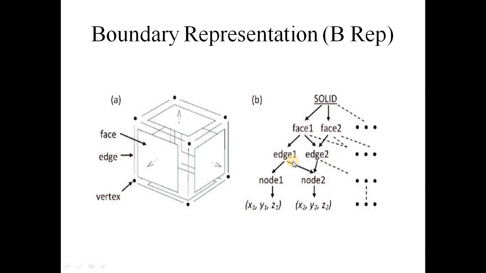Now how many vertices are there? 4 on this side, 4 on this side, so a total of 8 vertices. This is the topological data: the number of faces, edges and vertices. Then the equations of these edges, the equations of the surfaces and the coordinates of the vertices come under the geometric data. So boundary representation uses the topological data and the geometric data to make a solid model.